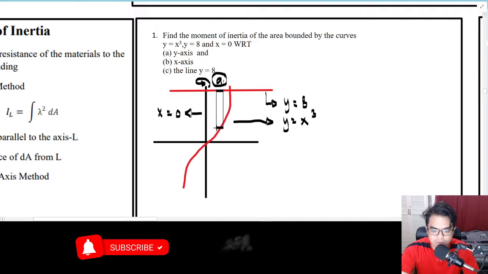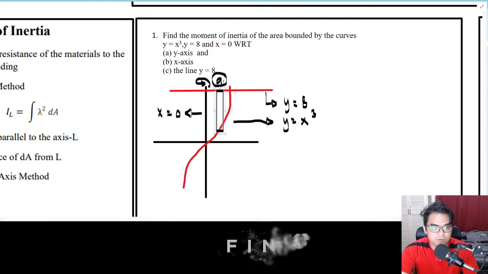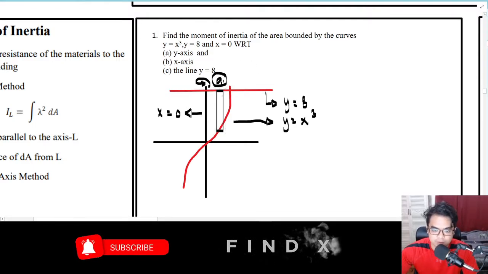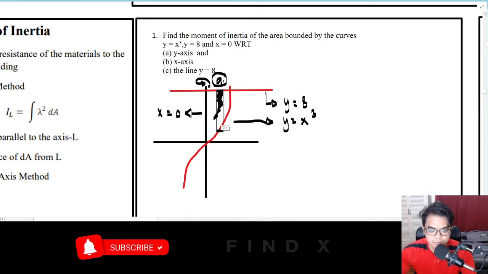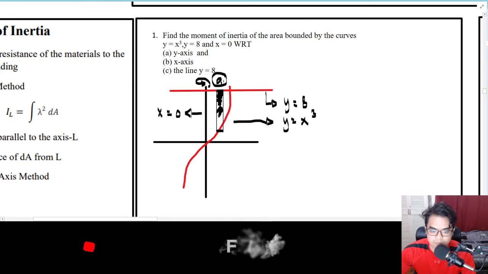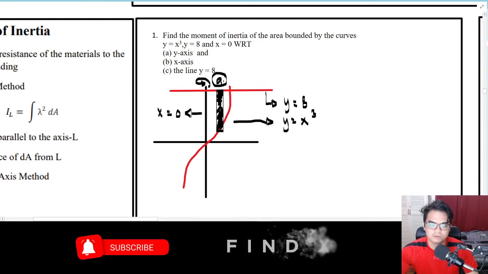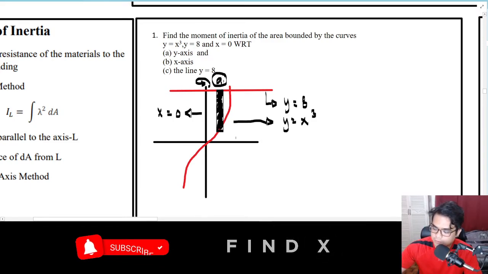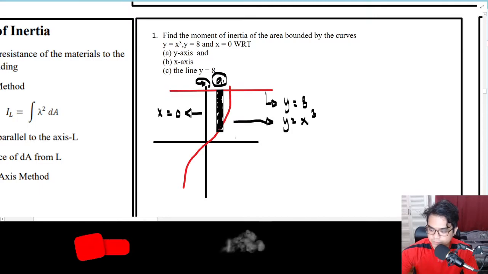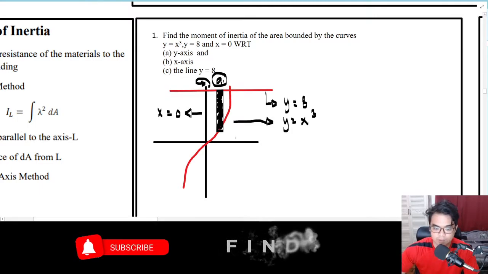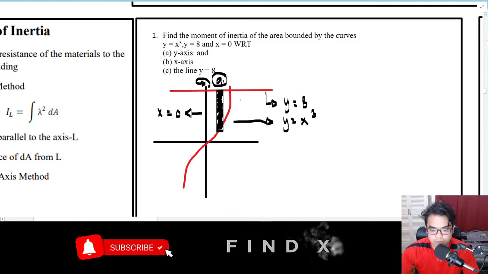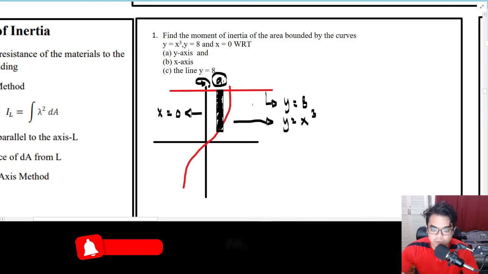This is the strip that we will be considering. As you can see, the strip has a clearance, so we have to subtract the two y's.